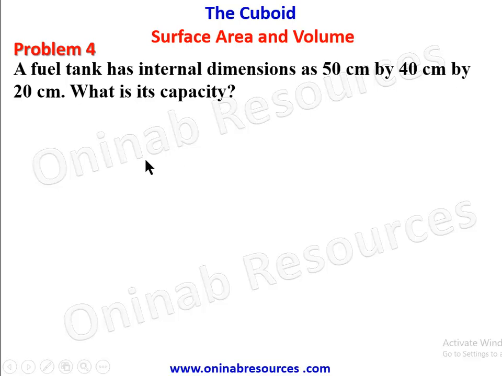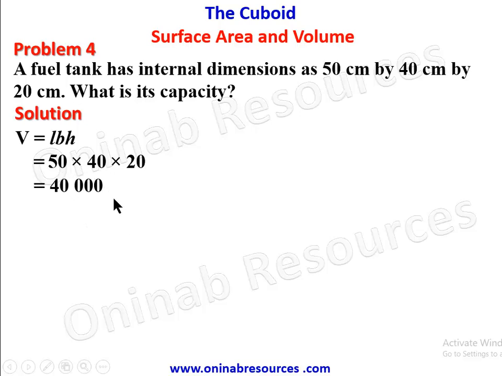So we first calculate the volume, then convert the volume to capacity. Here is length times breadth times height, 50 times 40 times 20, and that will give us 40,000 cubic centimeters.